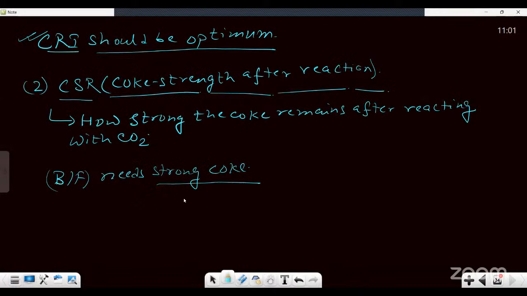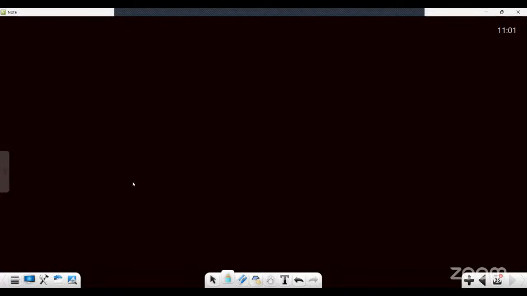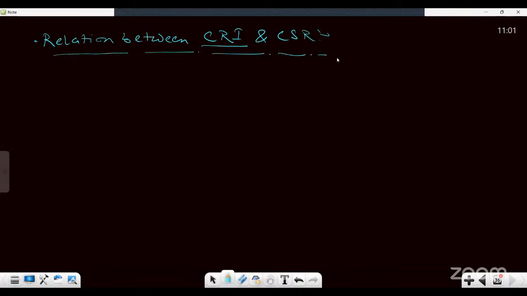Now we talk about the relation between CRI and CSR, that is coke reactivity index and coke strength after reaction. So what is the relation between them? If coke has high CRI, that means it reacts fast.